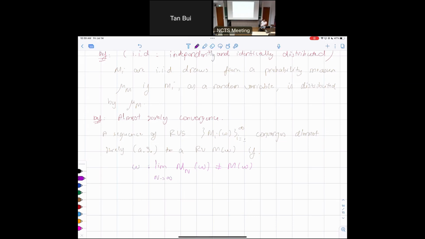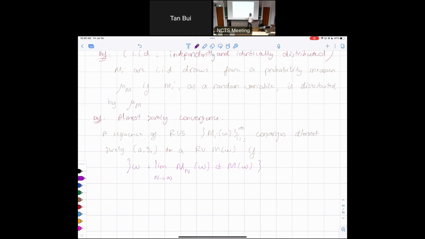The set of all omega such that the limit functions, the limits of M_n at omega, is different than my target function M. I collect all of those omega and put them in a set.